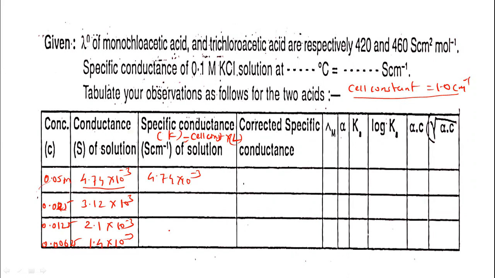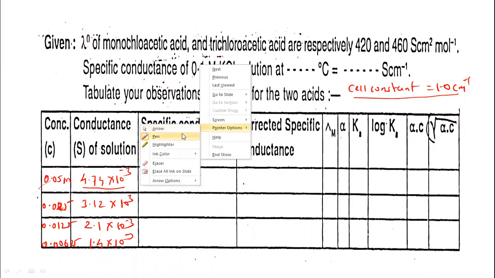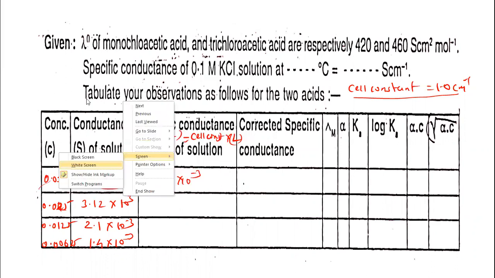Now we have to determine the corrected specific conductance. That is the third column here, corrected specific conductance.